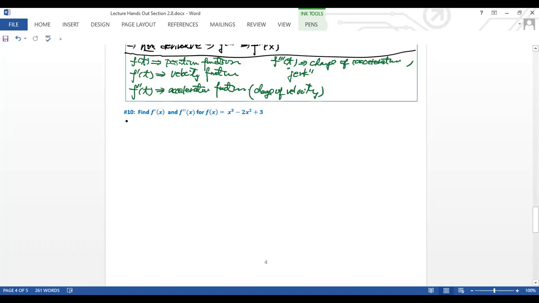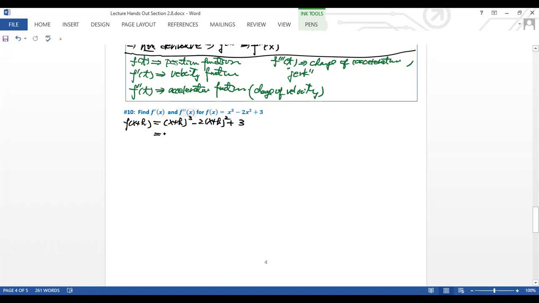Okay, so let's use our definitions, right? So f of x plus h. Okay, so x plus h is what? So this is x plus h to the third power minus 2 times x plus h squared plus 3, right?